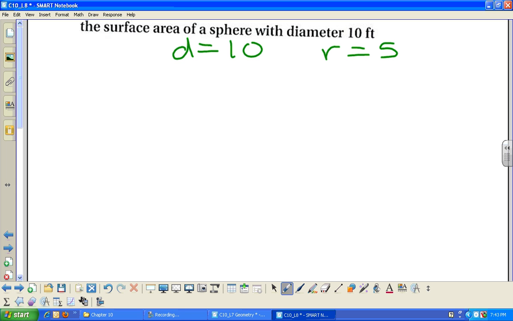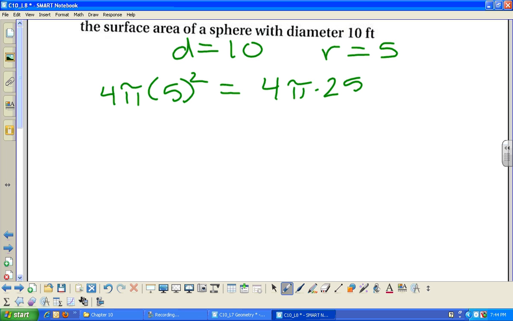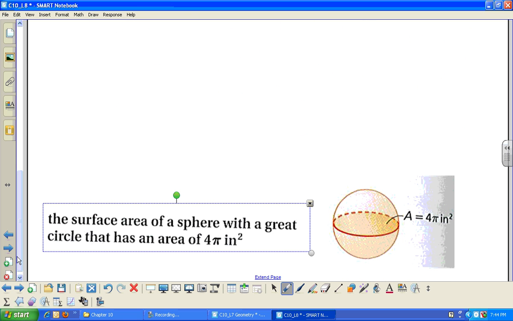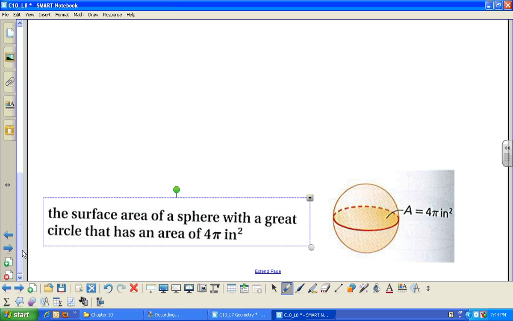So I use my equation: 4 pi times radius squared, which is equal to 4 pi times 25, which is equal to 100 pi, which is 314 feet squared. Since this is surface area, my units are squared. Area is always squared.